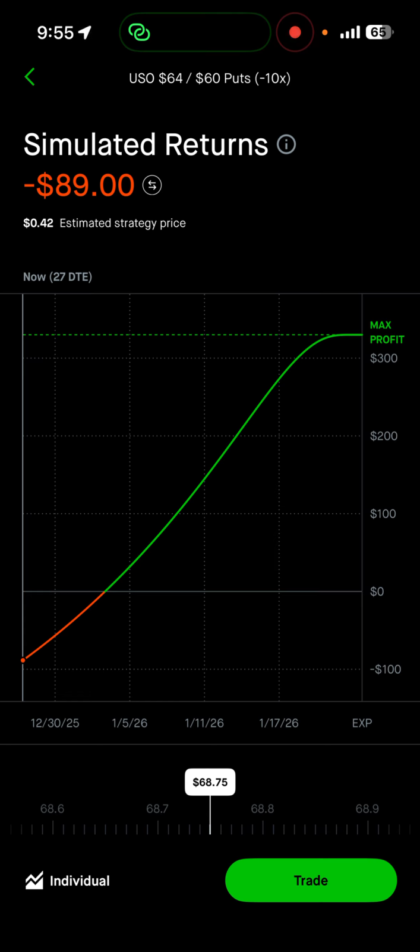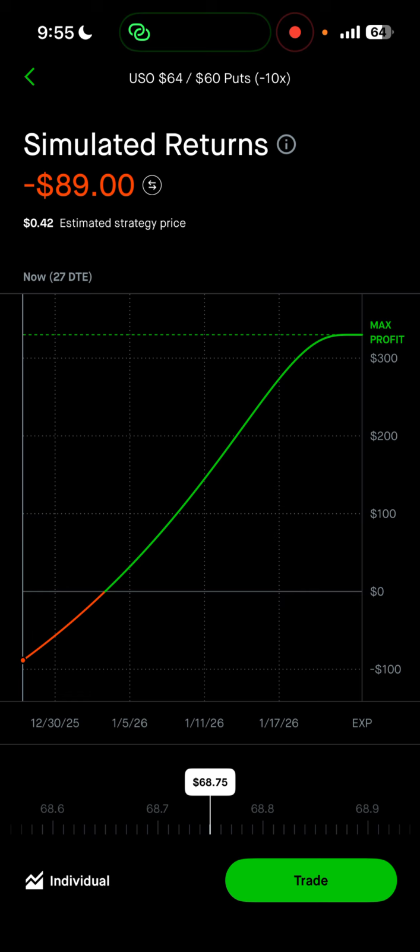One of the things you can do is look at changing the price of that stock to see exactly what would happen over time. Currently the price is at $68.75. Since we sold the 64, we're in a very good position.